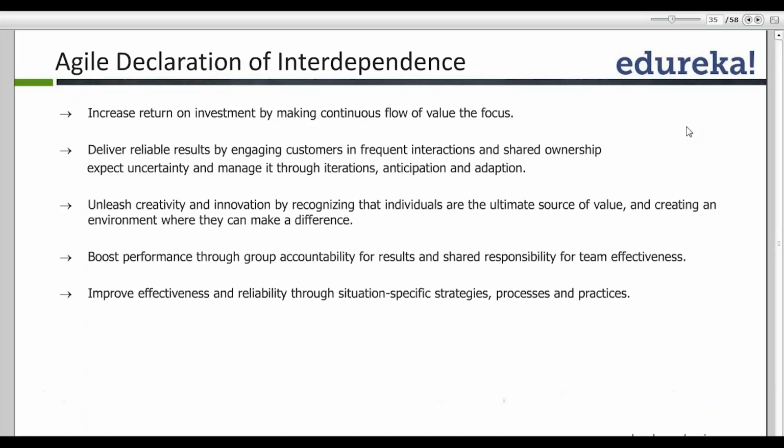I might immediately ask my team members to go into training where they learn how to reduce the number of defects or improve code coverage. That is what the last point talks about: improving effectiveness on the run. When I am in the project, I am improving the effectiveness of the project through situation-specific actions, strategies, processes and practices. So these are the statements in the Agile Declaration of Interdependence.